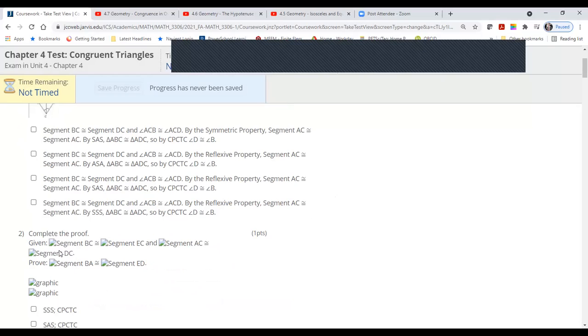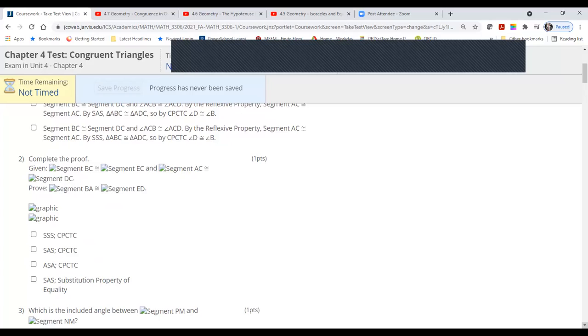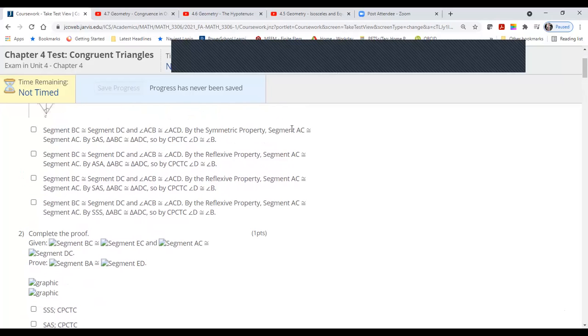I think I need to fix the graph here. Yes, I have a problem with some other graph here. So for the first question, I should be using side angle side, right?